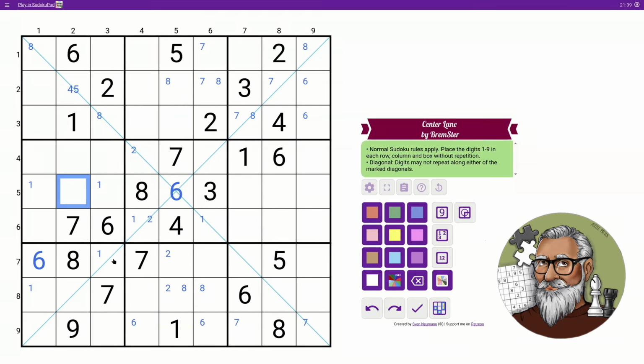So this one can't be 2, but in general, 2, 3, 4, and 5. So I can't eliminate anything, right? Well, this isn't 2 or 5, but it can still be 1.